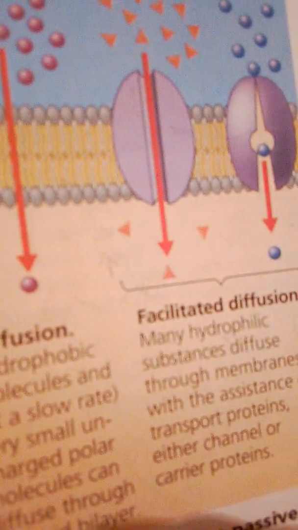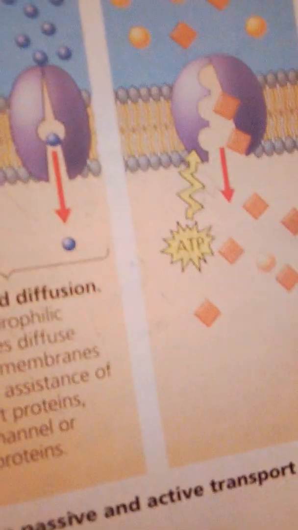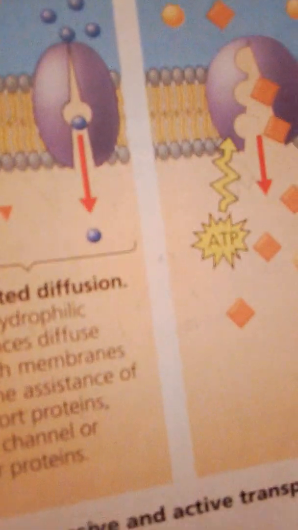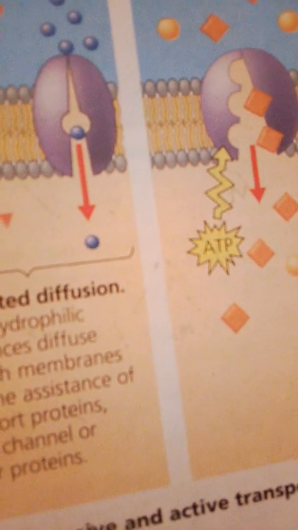The rate of diffusion can be greatly increased by transport proteins in the membrane. In active transport, some transport proteins act as pumps, moving substances across a membrane against their concentration gradients. Energy for this work is usually supplied by ATP.